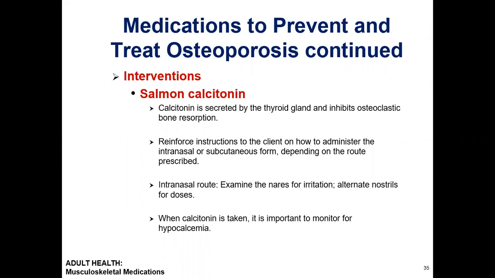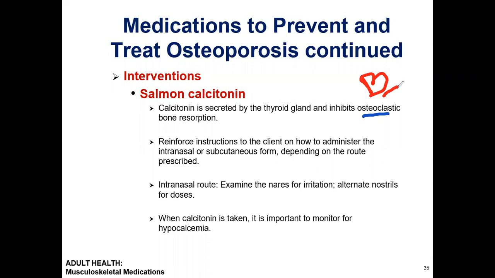Let me talk about calcitonin. Calcitonin is secreted by the thyroid gland and inhibits osteoclastic activity. There are two types of bone cells in our body: one is called osteoclast, the other is called osteoblast. The clast means bone destruction, but blast means bone formation.